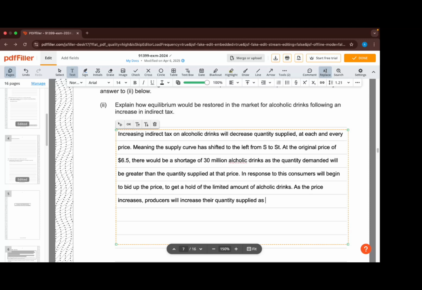The alcohol market will become a more profitable market, more profitable than when there was the shortage.